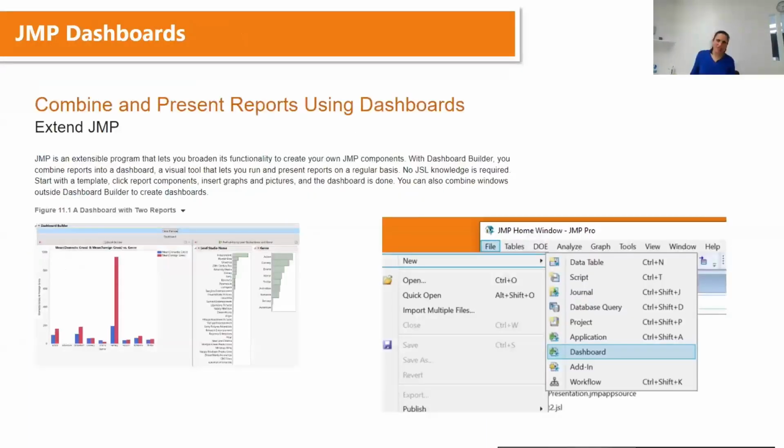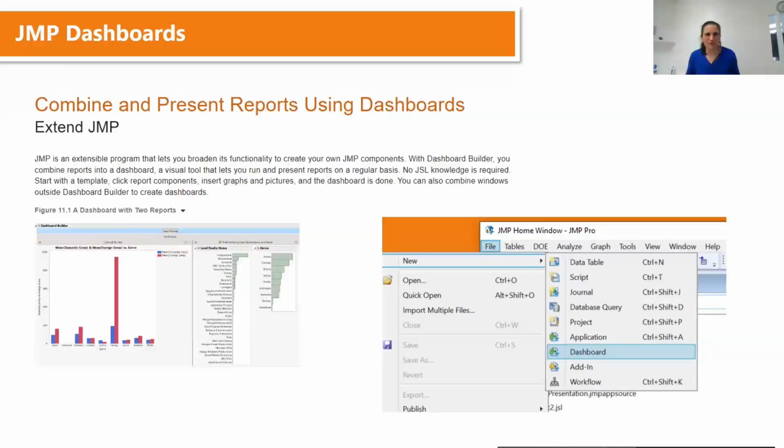Dashboards, again, is taken from the JMP web page. It's basically a way of being able to visualize all your reports. Again, you don't need any scripting knowledge. There's a nice builder and templates that I'll show you in a second. It's a very simple way of doing so.